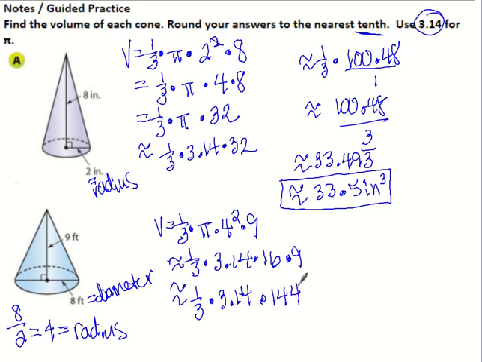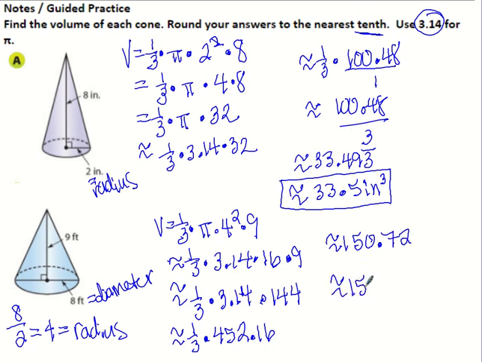I'm going to times that by 3.14, so about 1/3 times 452.16. And then I'm just going to push divide by 3, because that's the same as timesing by 1/3, and we get approximately 150 and 72 hundredths, but it says round to the nearest tenth, so we're going to go 150 and 7/10 feet cubed.